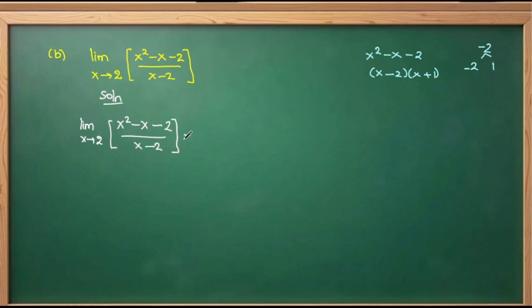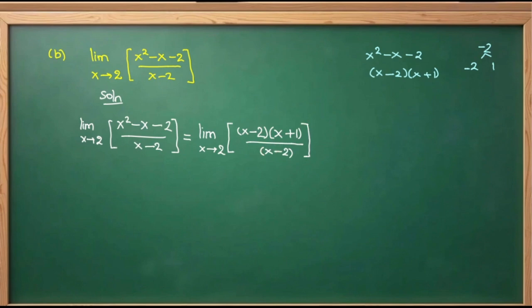This is the same as the limit as x tends to 2 of, now we split the numerator into x minus 2 times x plus 1, all over the denominator x minus 2.